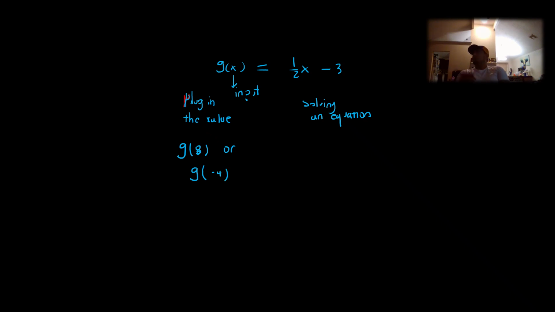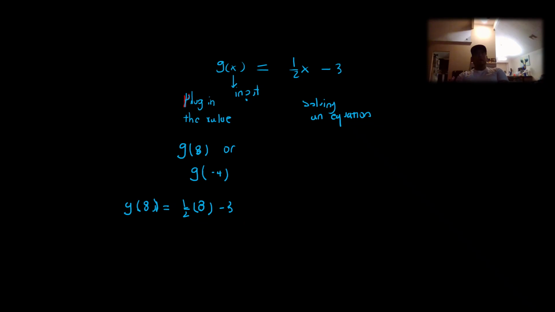Let's see what that looks like. g of 8 means 1 half, but instead of using x, we are going to use the number 8, minus 3.